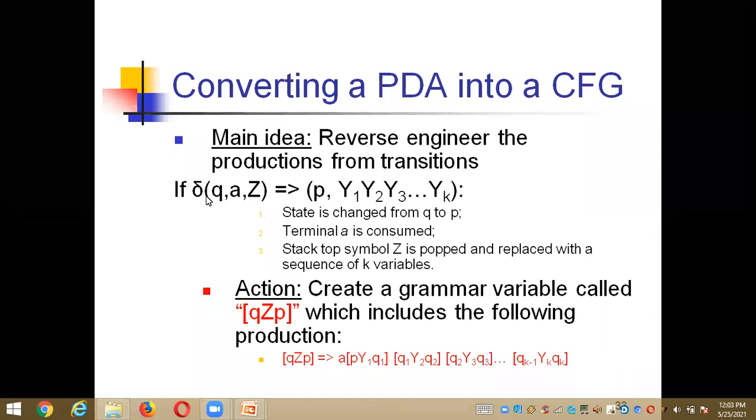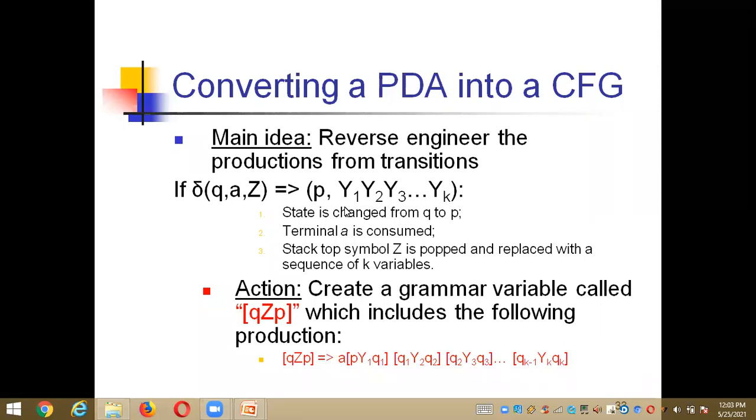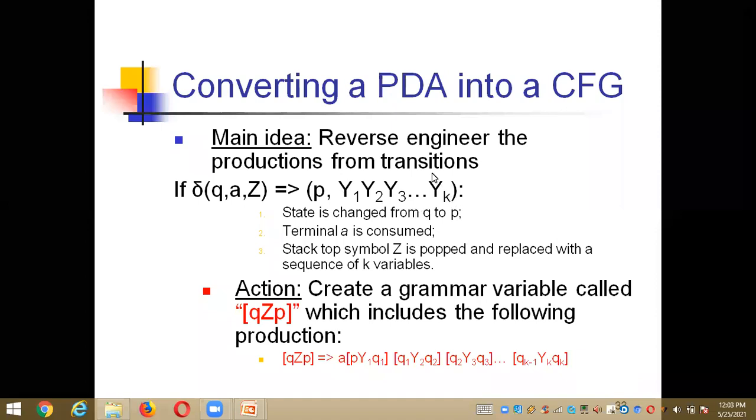For example, if you have a transition rule like this, delta of the current state q with the current input alphabet a and the top of the stack Z, the result gives a next state along with the top of the stack, right? The stack content may be y1 to yk, that is totally chosen by us. And here Z is on top of the stack, and the stack symbols here also come from the inputs, right?